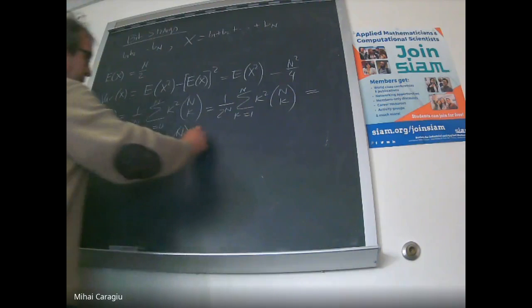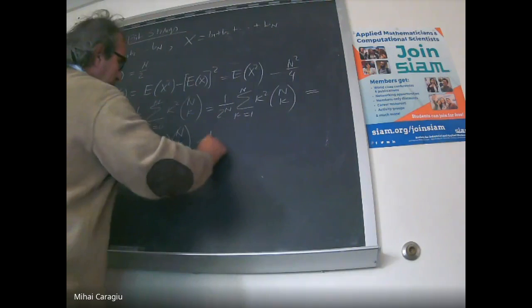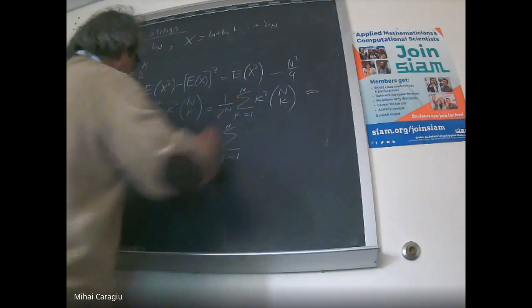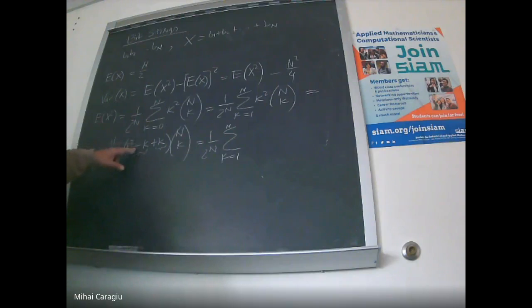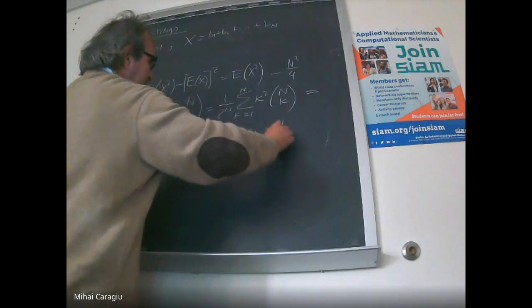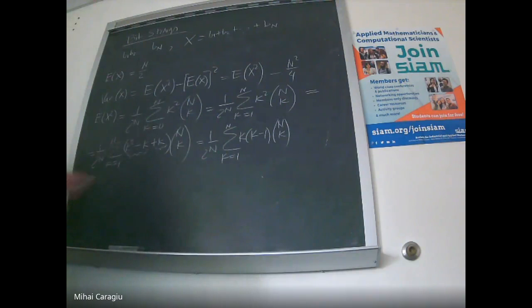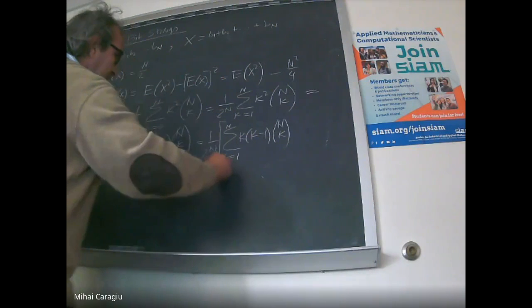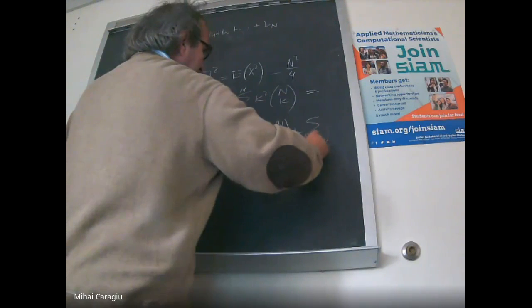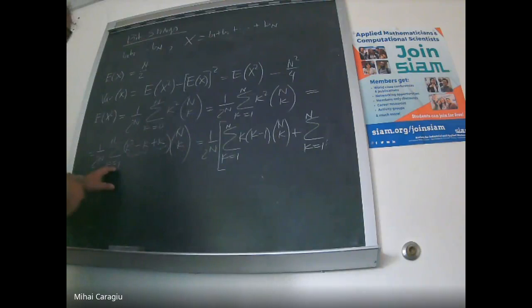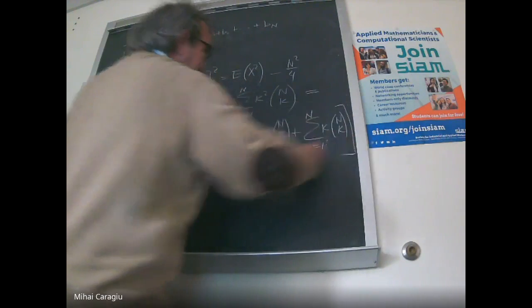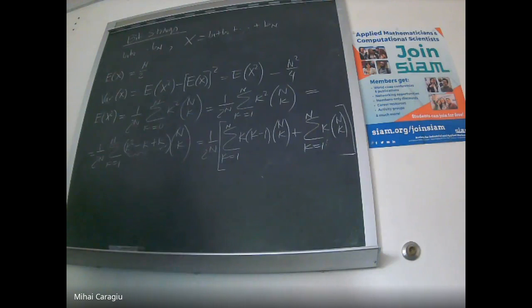So this will be 1 over 2 to the power n, bracket, summation from k equals 1 up to n of k squared minus k, which is k times k minus 1, times n choose k, plus summation from k equals 1 up to n of k times n choose k. Close the bracket.